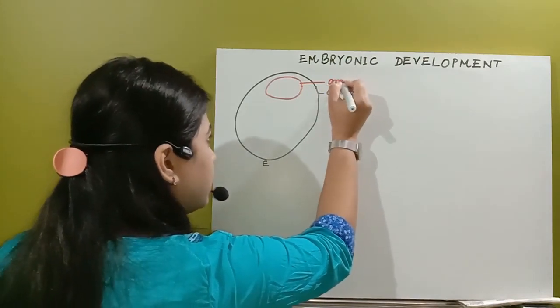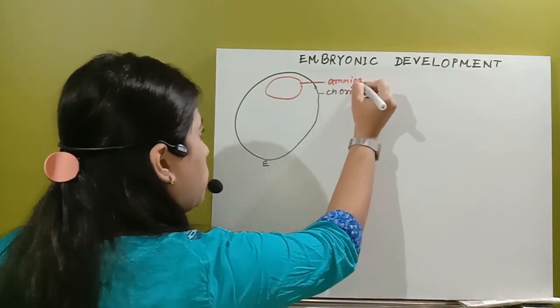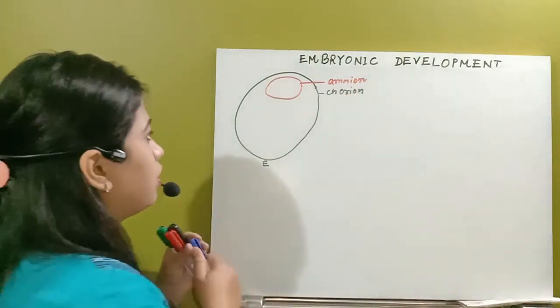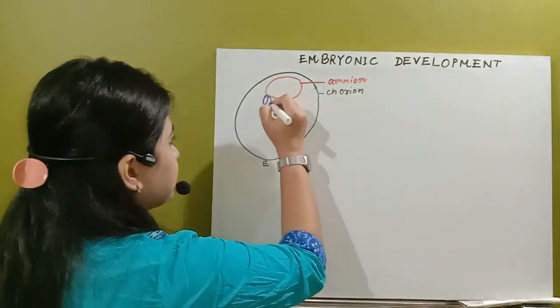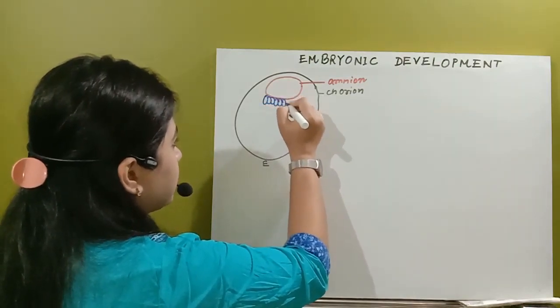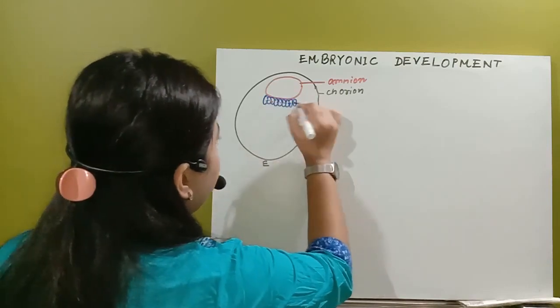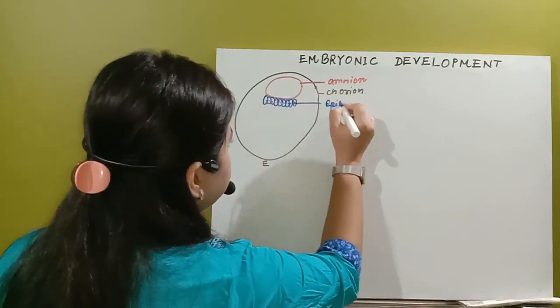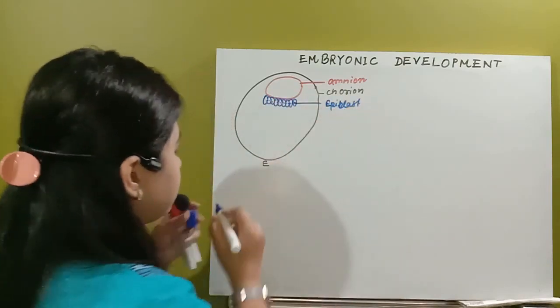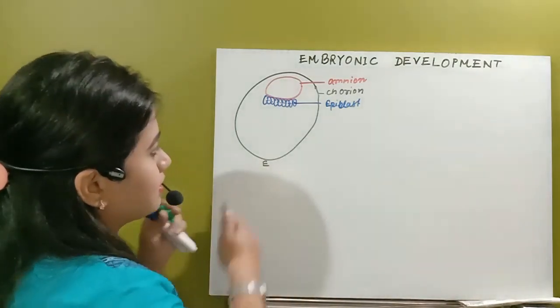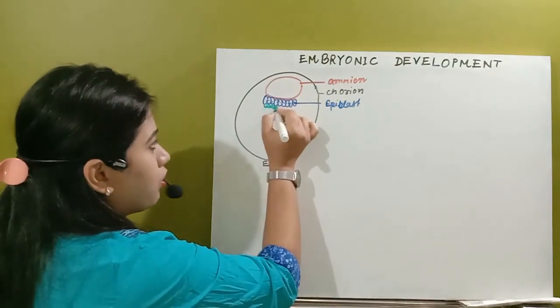This is the amnion, and inside it we have the two cell layers. First the epiblastic cell layer, the columnar cells, which are already present, the epiblast, and just beneath that we have the hypoblastic cell layer.